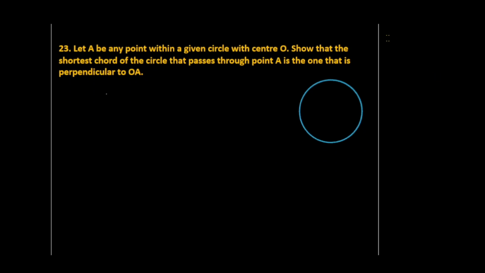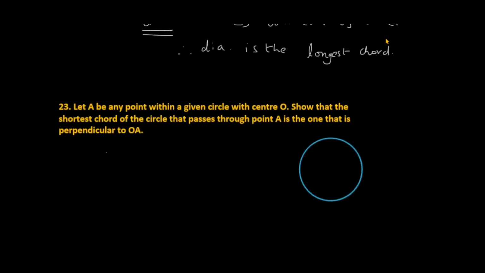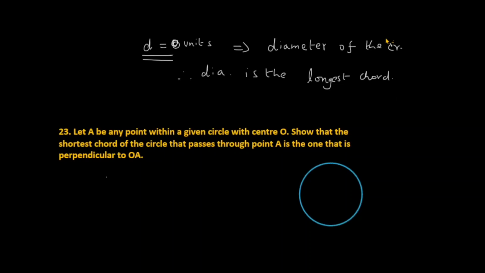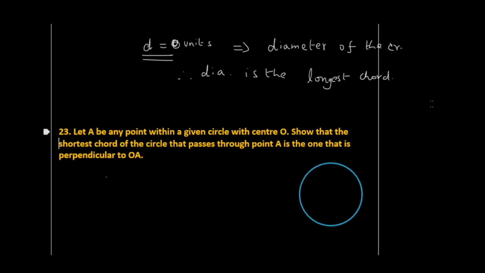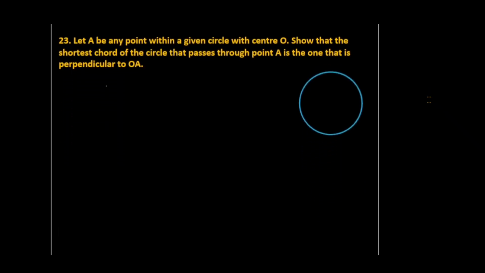23rd, let A be a point within the given circle with center O, so that the shortest chord of the circle passing through the point A is the one that is perpendicular to OA.